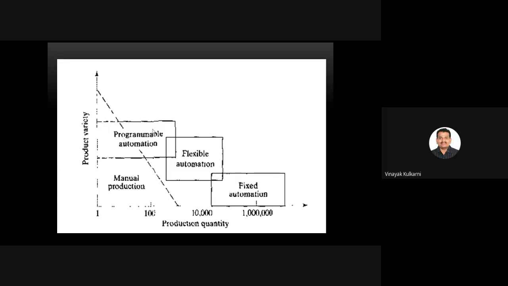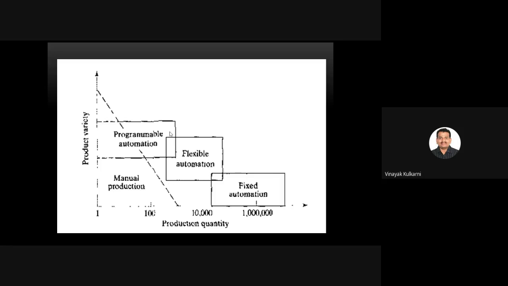If I first take programmable automation, you can have as much product variety as you like, but the production quantity is limited to a few hundred. If I extrapolate this line to the x-axis, it is only a few hundred.